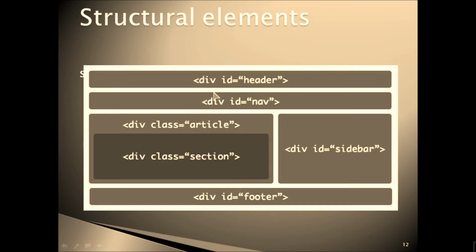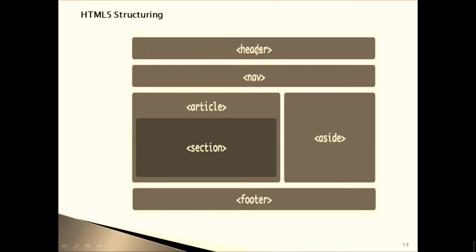Previously it was only divisions. Now we have specifically headers and footers, to make our web page more structured. So this is how it is now, and we see that HTML5 has changed the look and feel of the web page.